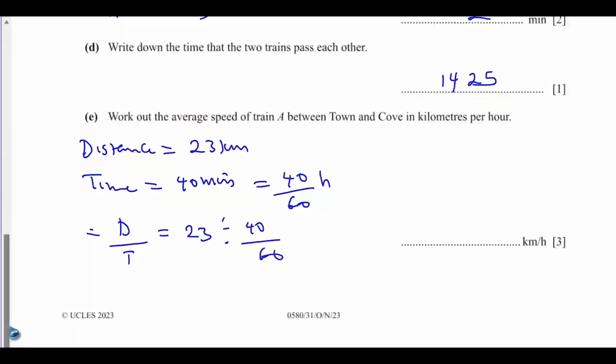So if you scroll down, you can have 23 times 60 over 40. If you do this, you will get 34.5 kilometers per hour. Okay, so let's go to the next question.